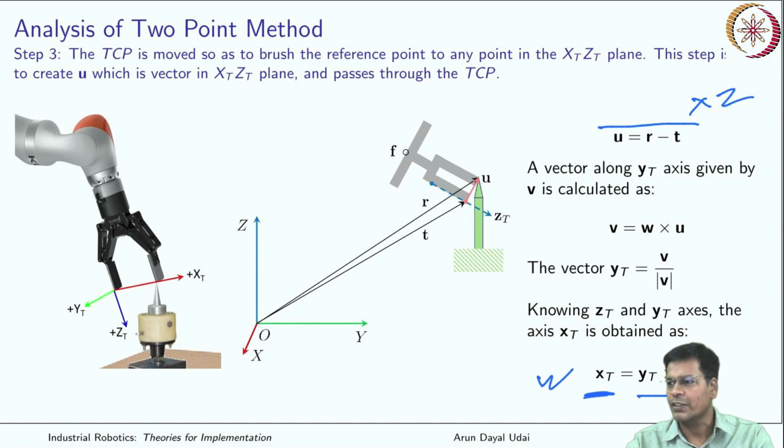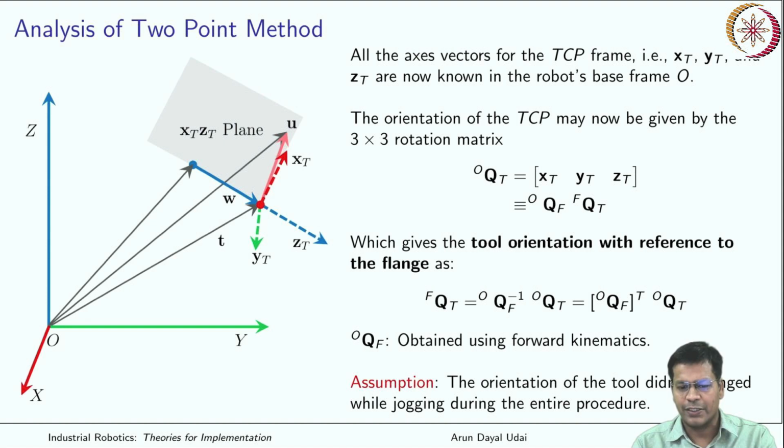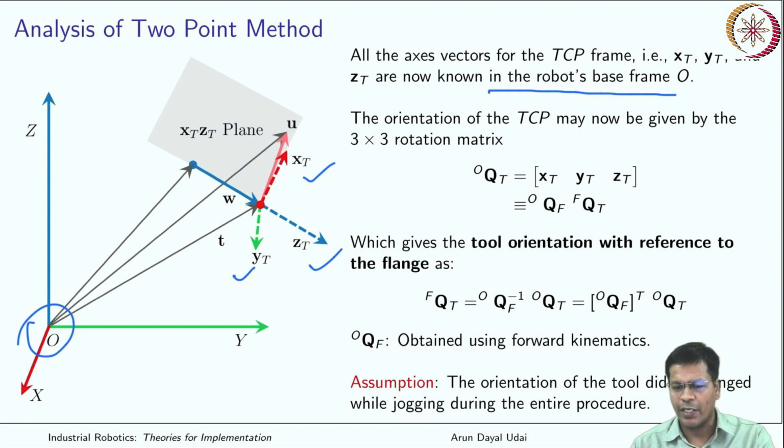Got it? You can see this equation clearly now. So you have obtained XT, YT and ZT, all of them. All the axis vectors XT, YT and ZT are now known in the robot's base frame. In this frame, all the vectors are known.